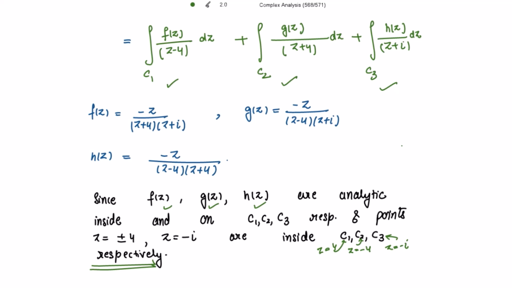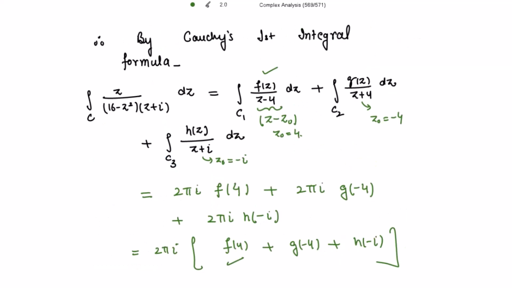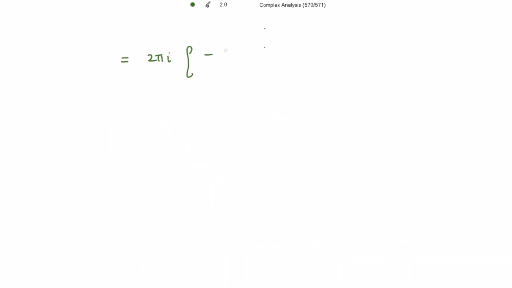From here we get the value of f(4) to be, just replace z with 4, so this is minus 4 divided by 4 plus 4, that is 8, into 4 plus iota. So cancelling this we get minus 1/2 divided by 4 plus iota.